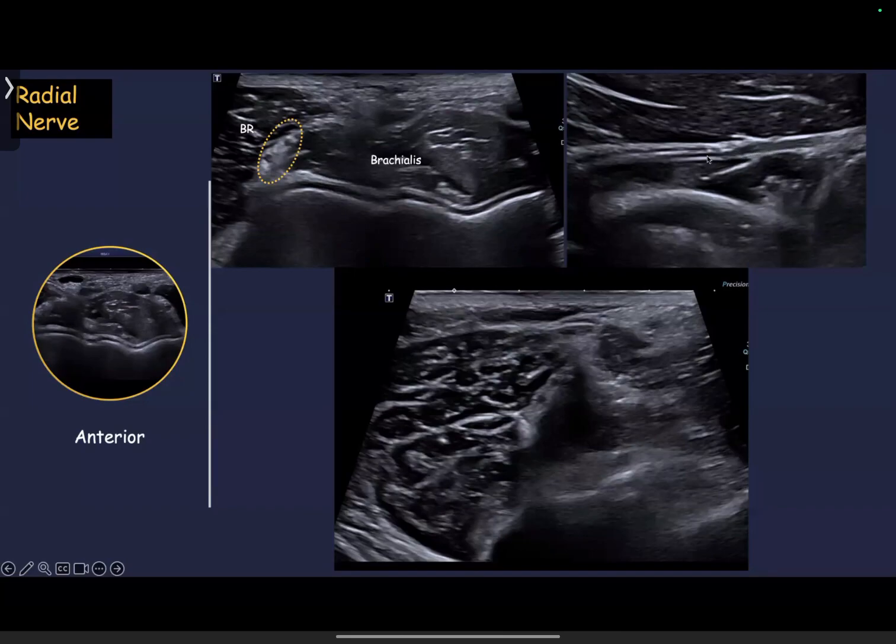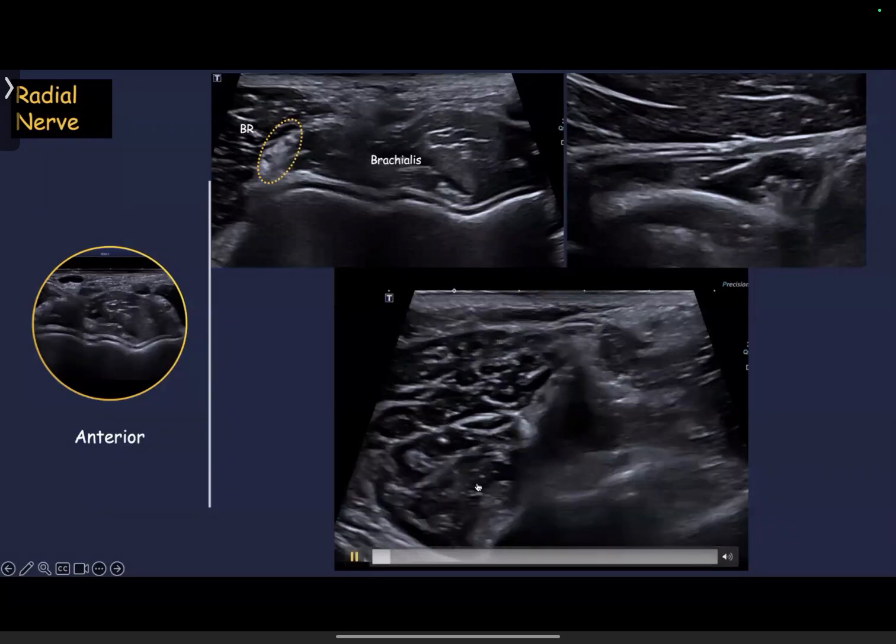This hypoechoic area is going down in between the two heads of the supinator, and this hyperechoic area is called the arcade of Frohse. Whenever there is hypertrophy of this, it will indent the adjacent nerve and lead to the symptoms of posterior interosseous nerve compression. I'll show this in the video.